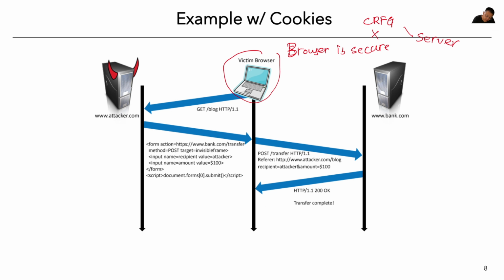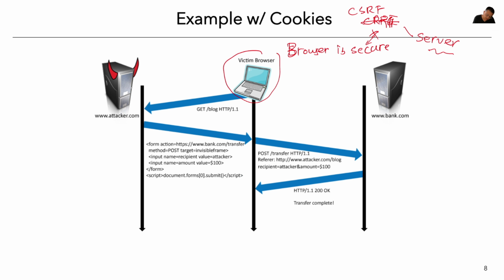It's not a vulnerability in the browser, right? So make sure you understand this. The browser is actually doing its job. It is supposed to send the cookie to the server. So there is no vulnerability in the browser to be exploited in this scenario. Cross-site request forgery is a vulnerability in the server, not in the browser.